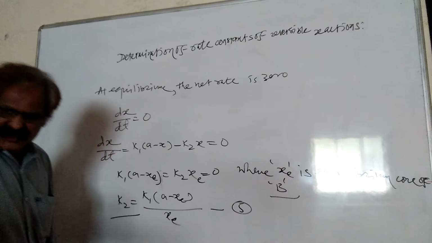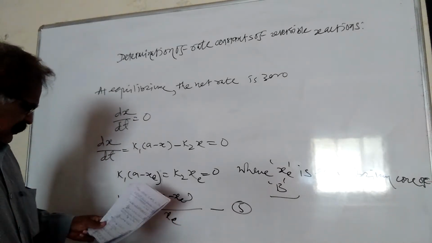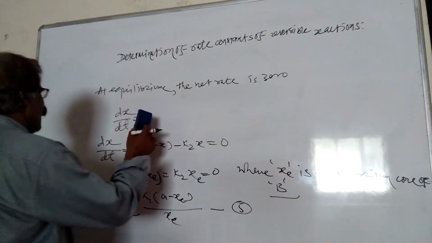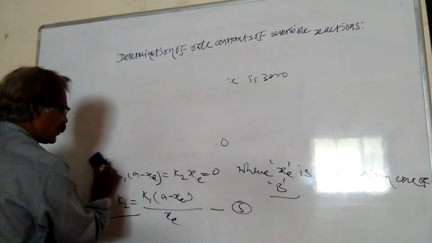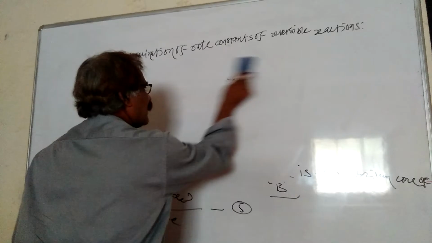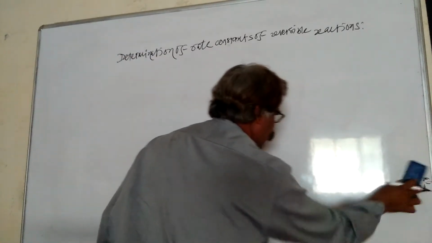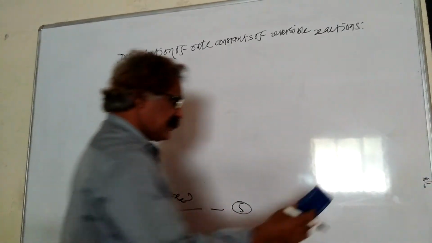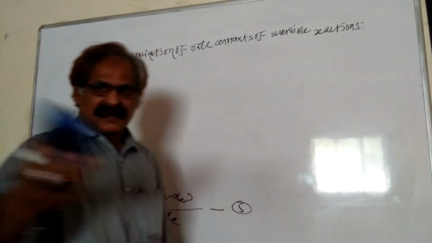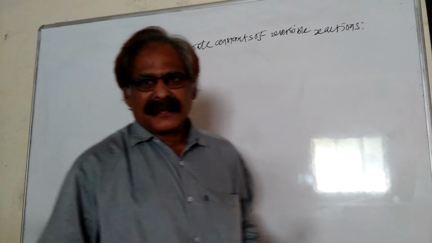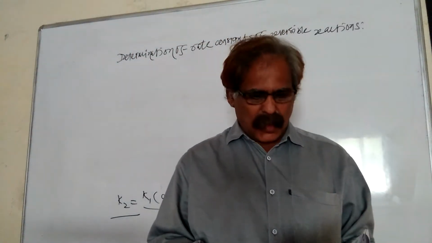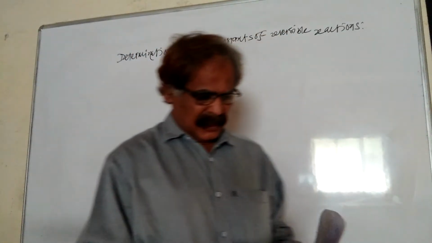So once we understood this, let us see how can we get the expression for rate constant of forward reaction, that is the expression for K1.